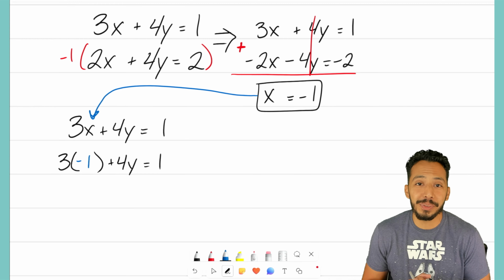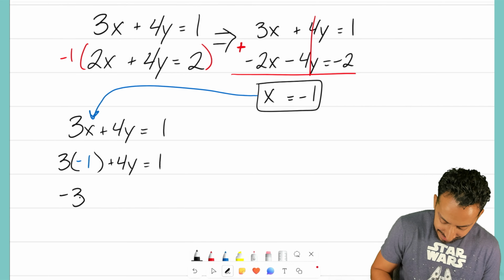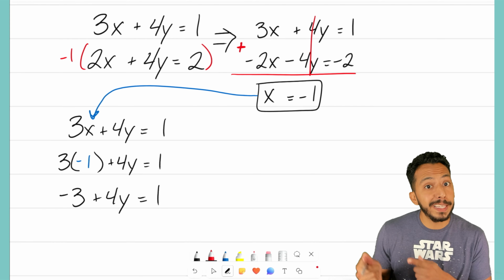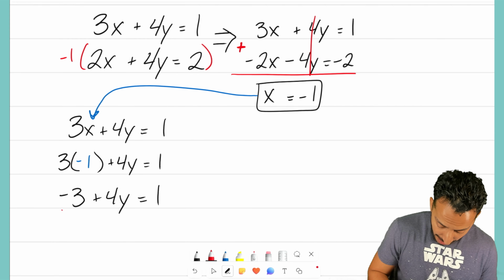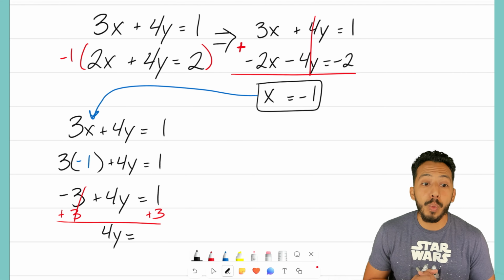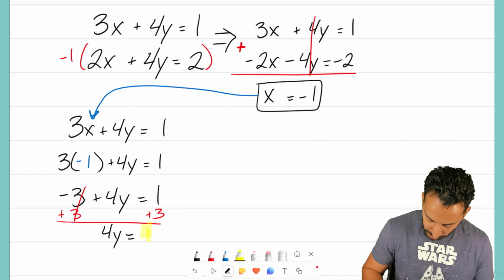Awesome. Now all we've got to do is solve for y. All right, 3 times -1 is -3. I want to move that 3 over to the other side, so I'm going to add 3 on both sides. And I might be running out of room here, but I think we'll be able to make it work. 4y is going to equal 1 plus 3, which is 4. Whoops, I somehow got on the highlighter.